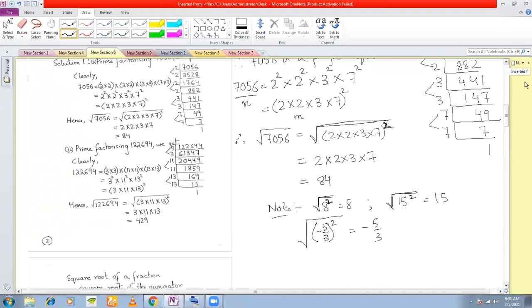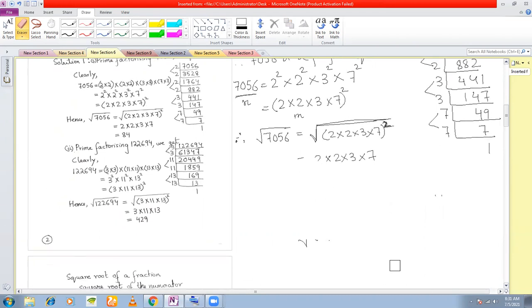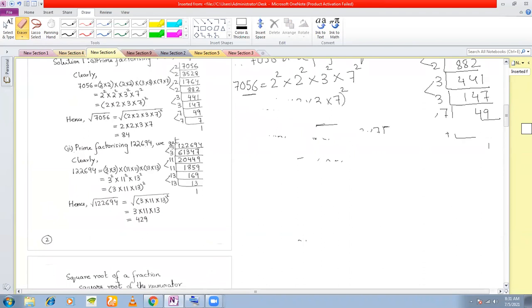Right, you will not be able to remove the root if there is no square. If you can express it as a square, then only you can remove the root. Otherwise, there are certain rules later on. We'll see in higher classes how to deal with square roots of numbers. These are called irrational numbers. We will deal with them a little later. For the time being, just know what I am telling you.